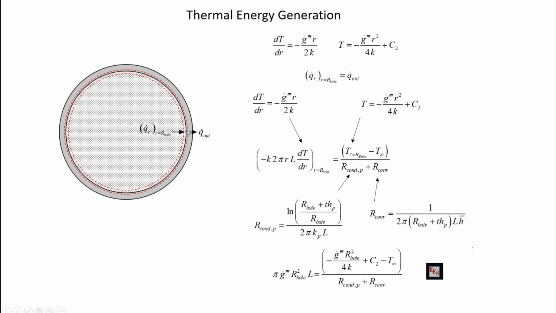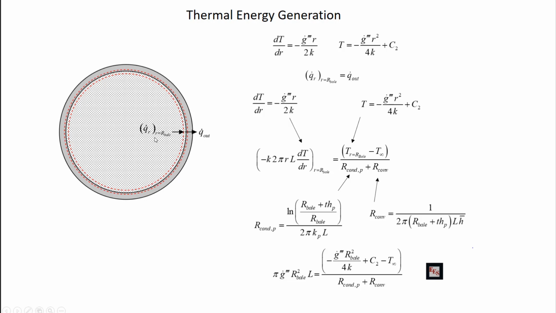And then the control surface that's on the other side, well, that's going to be experiencing whatever the boundary condition is that you've exposed your computational domain to. So for this particular problem, this Q dot out is related to conduction through this plastic and then convection to the surroundings, right?